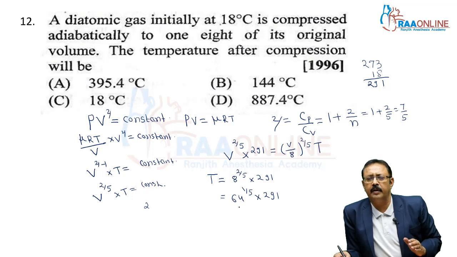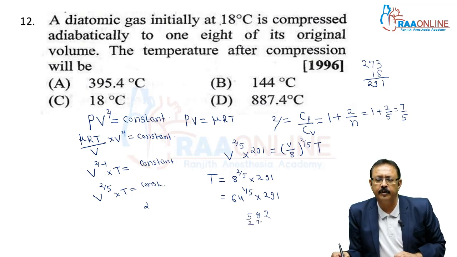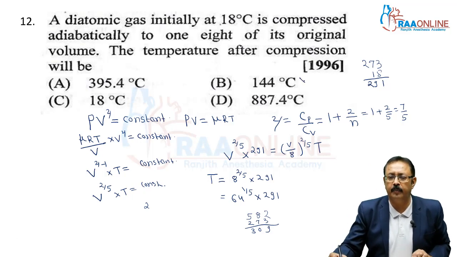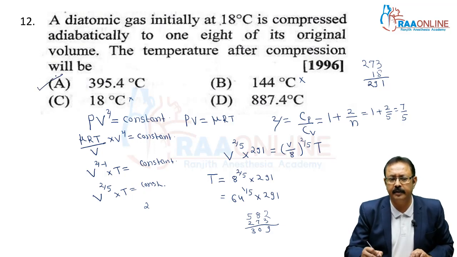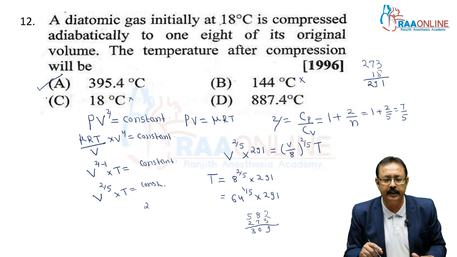So you will get a number a little bit greater than 2. So approximately you will get a number a little bit greater than 582. Means when you subtract 273 to get degrees Celsius, greater than this. So removing the option, not much greater than this. So in this range only one option is there. So we can tick confidently A. So it should be 395.4 degrees Celsius.